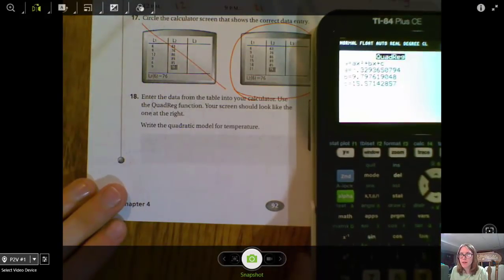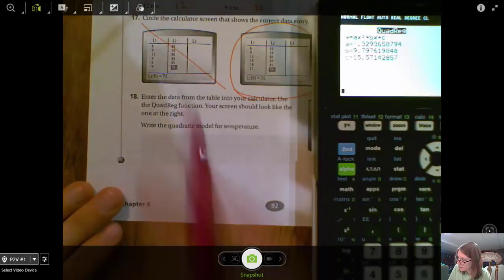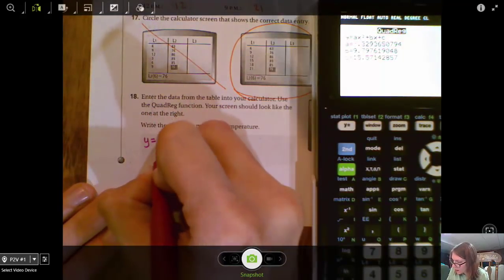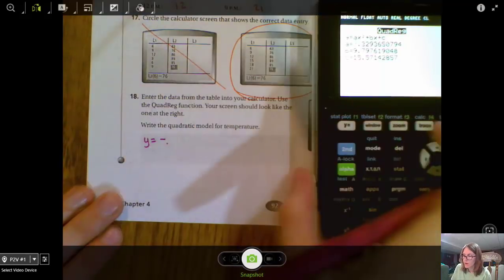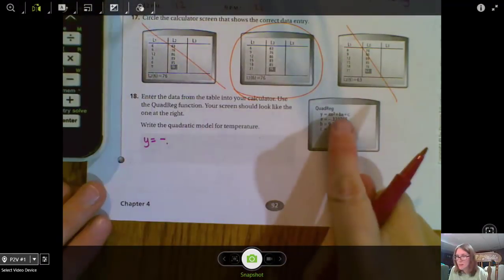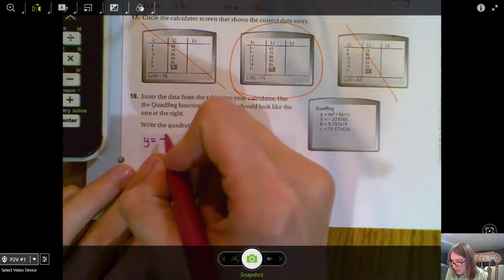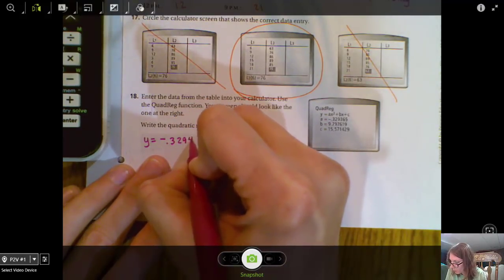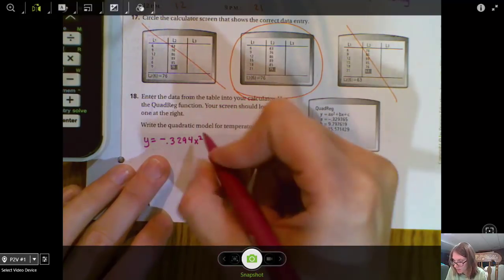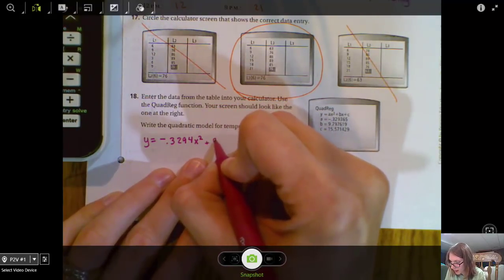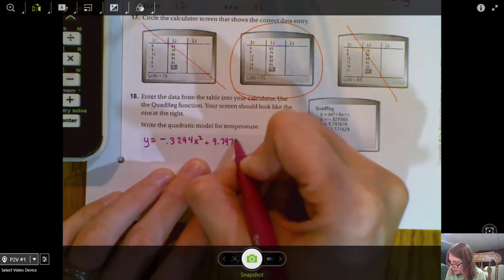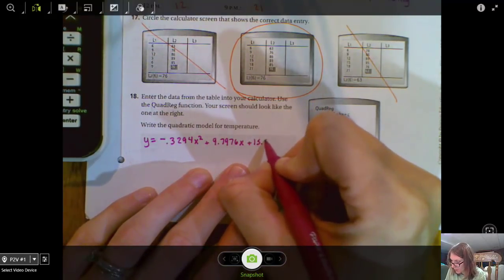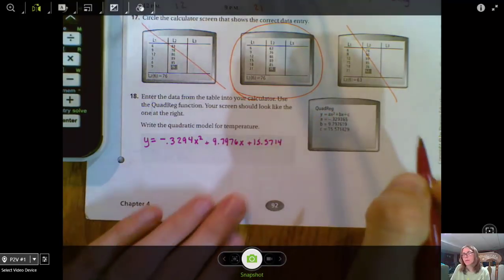Writing our quadratic model, y equals negative 0.3294x squared plus 9.7976x plus 15.5714.